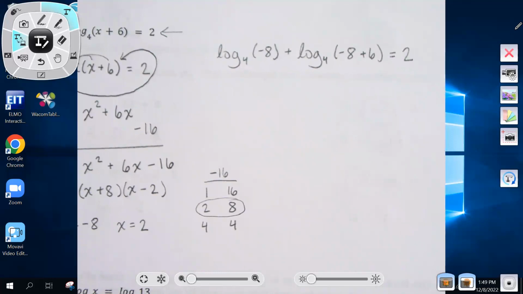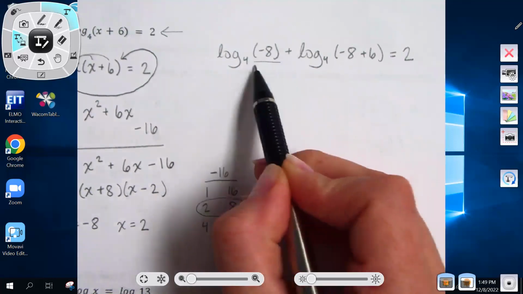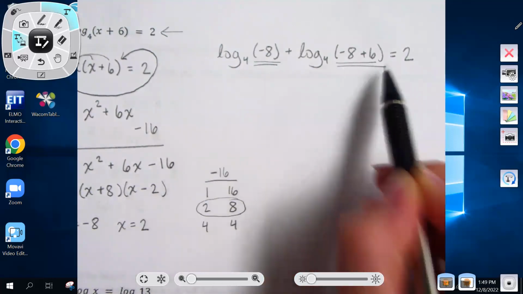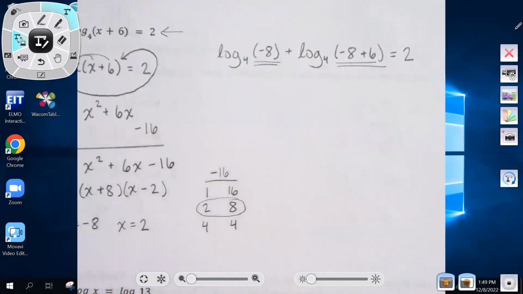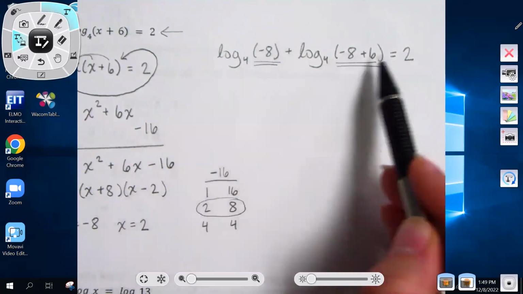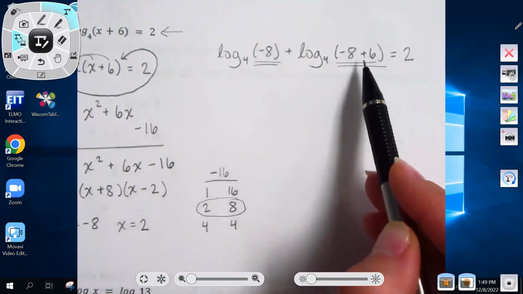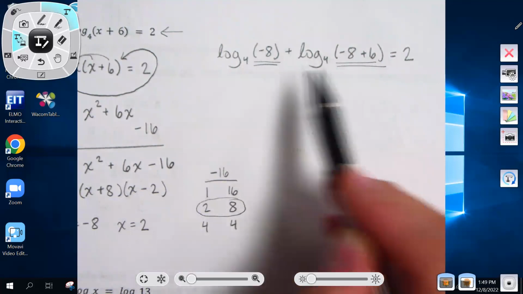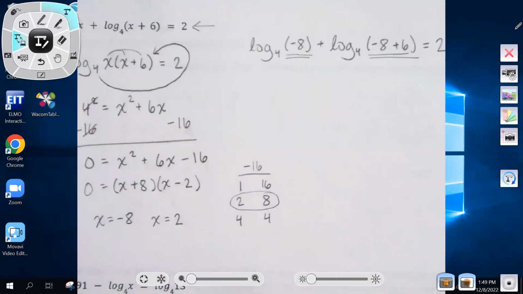Before you continue checking, these numbers that are inside of these logarithms, you can't have a negative number there. So the fact that this is a -8, this turns out to be a -2. Because we have negative numbers where we're not supposed to, we can say x equals -8 is not a solution. So we can mark it out. You don't have to go any further checking it.